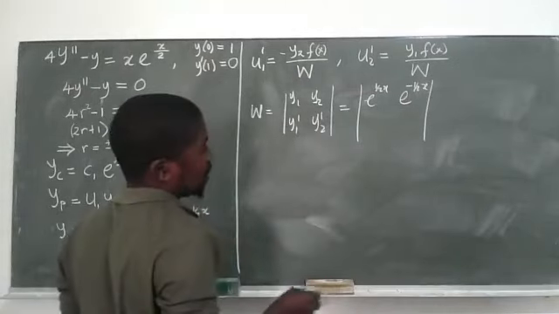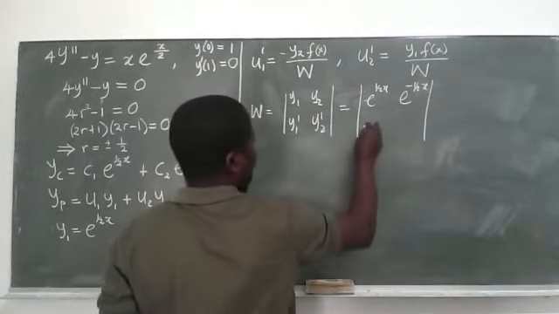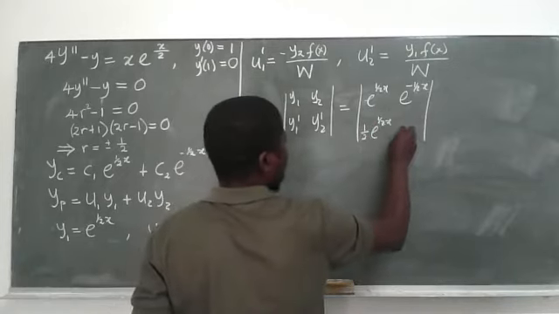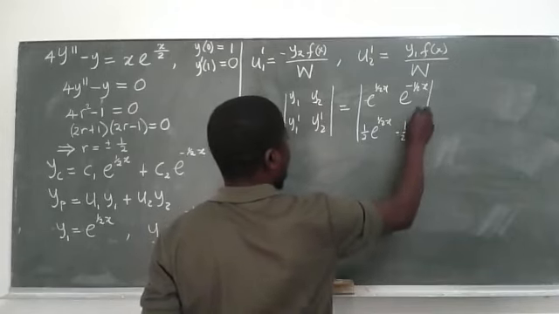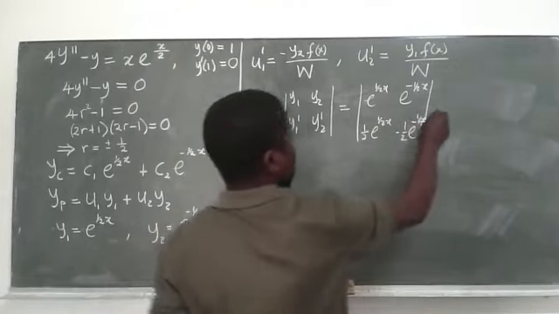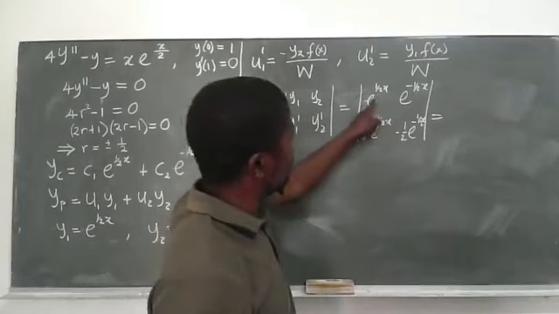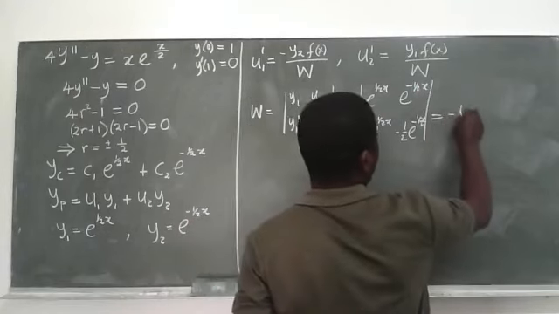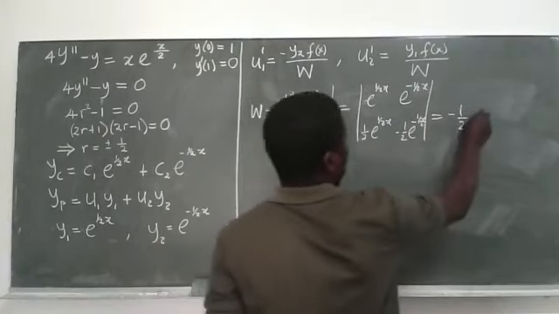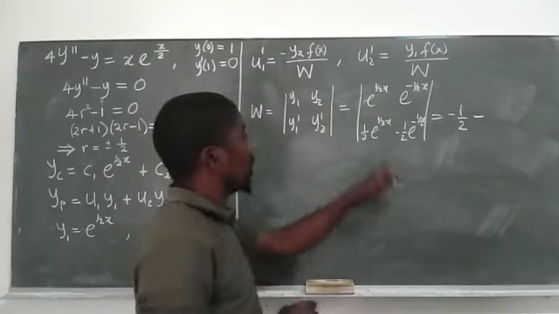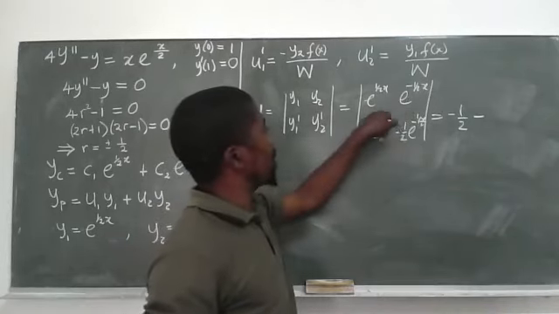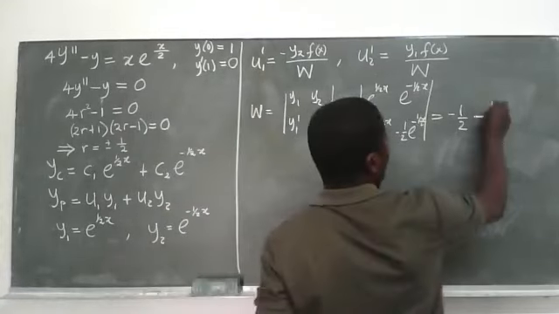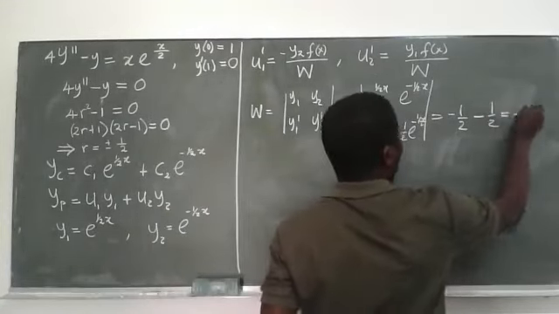Then the derivatives: the derivative of Y1 is half e to the power half x, and Y2 takes minus half e to the power minus half x. Finding the determinant, the powers will add and I'll get a 0, then I'll end up with a negative half. The formula says I should put a minus. Then this times that, the powers add and I'll get a 0. So e to the power 0 is 1, and I'll remain with a half. If I simplify this, I'll get negative 1.